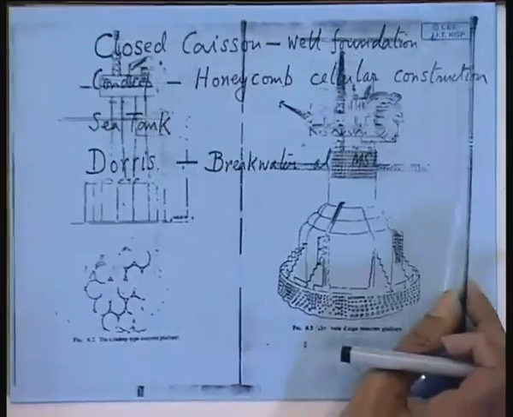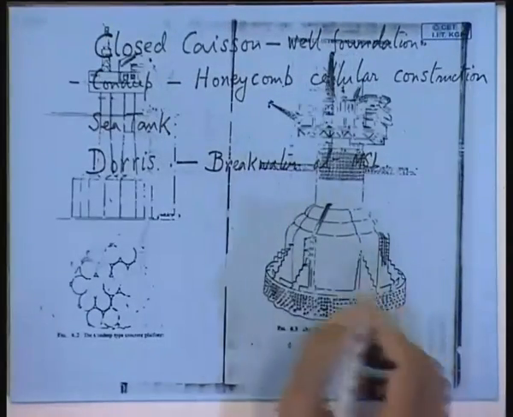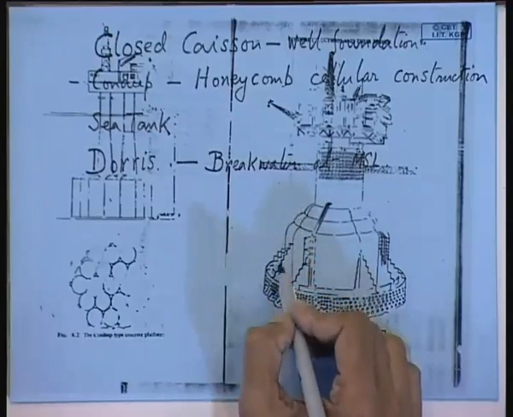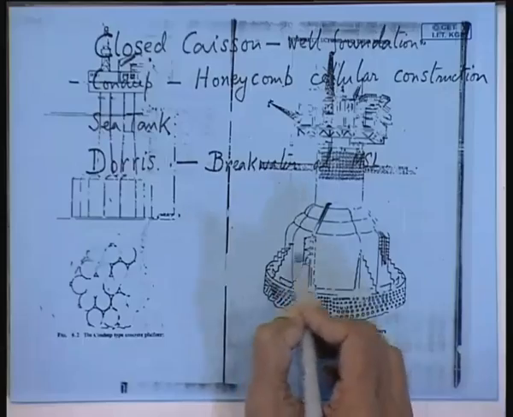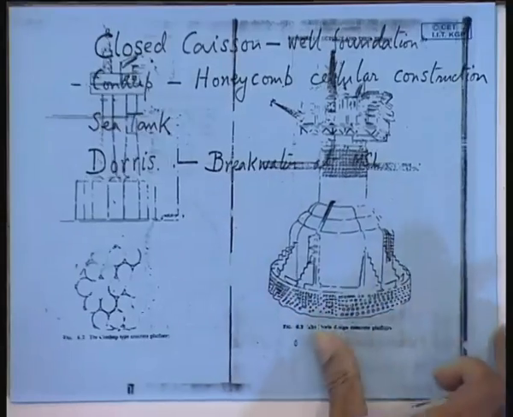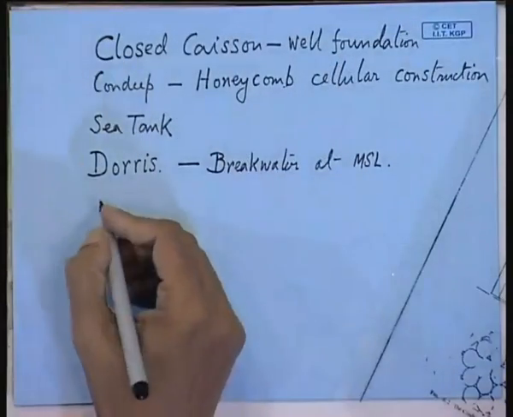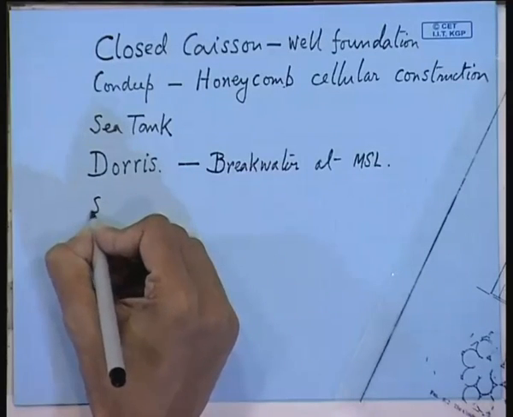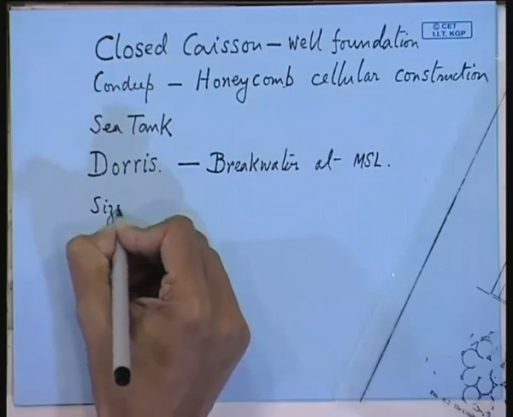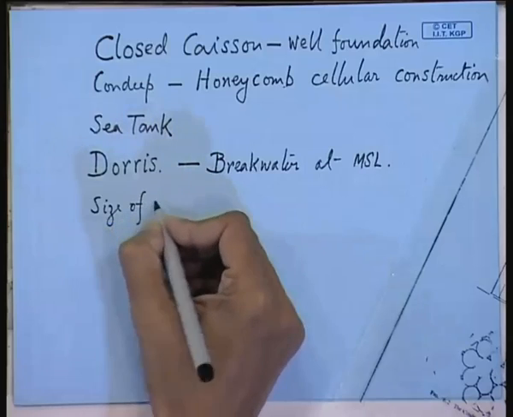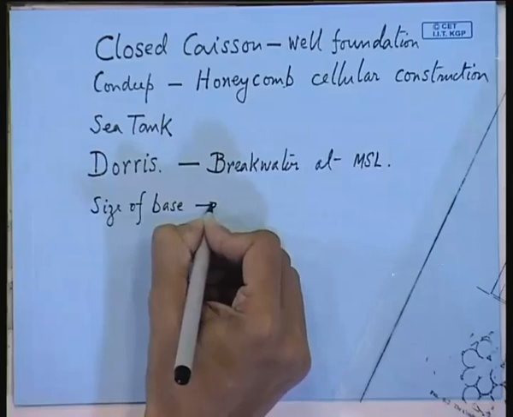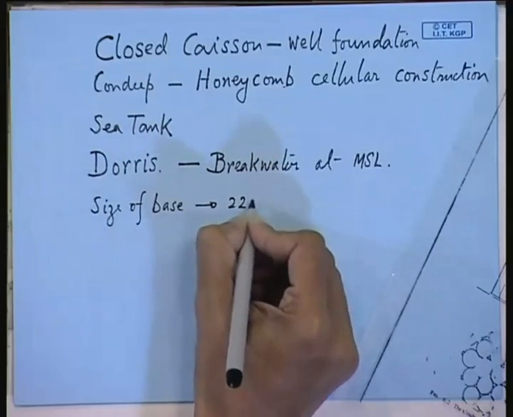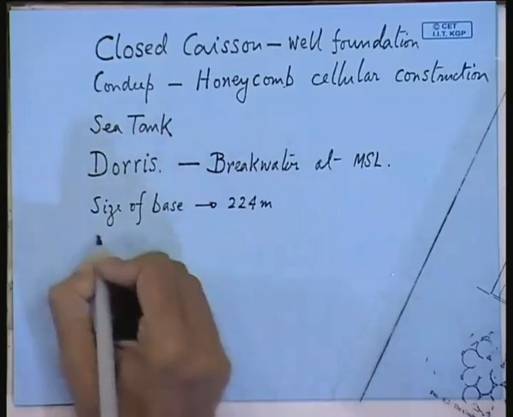But all these designs are remarkable from one point of view, the size of the base. The size or width of the base can be as high as 224 meters. So, this can be as large as 224 meters. Now, platform height.